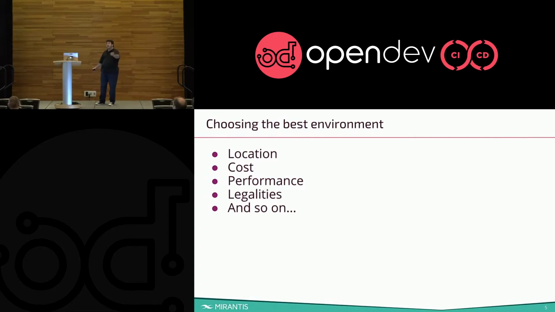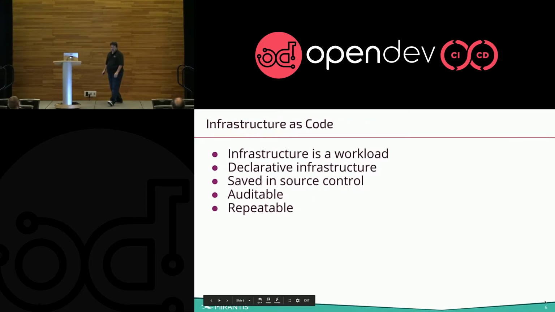Or is it going to be on the laptop on your desk? There are way more choices now than there ever were before, and those are obviously multiplying every second. That doesn't even begin to take into account cost, performance, legalities, especially with GDPR coming up on Friday, all of that.